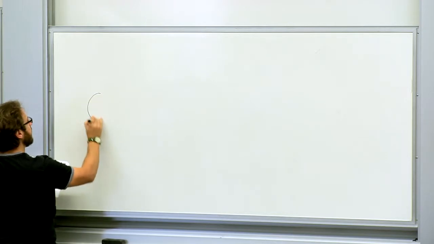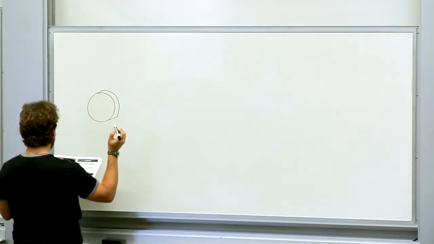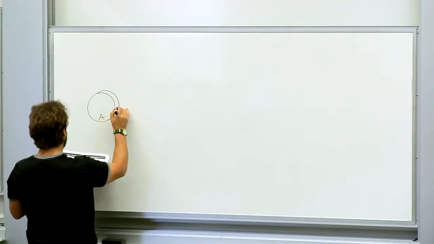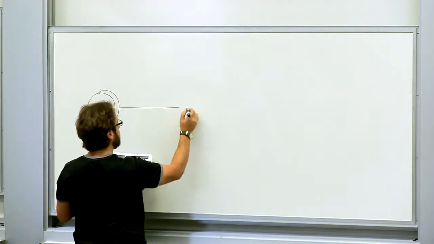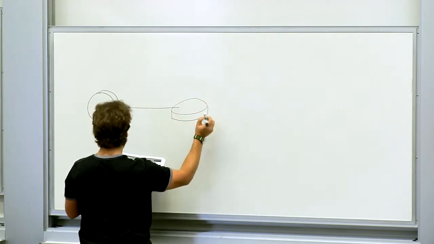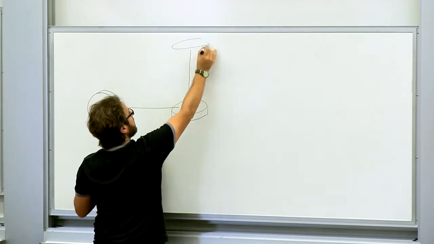Say, for example, here we have a disk, okay, disk A, and then it's connected by a rod to a disk like this. Okay, and then this is connected by a rod to another disk in the same direction.